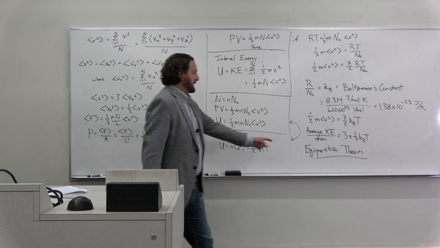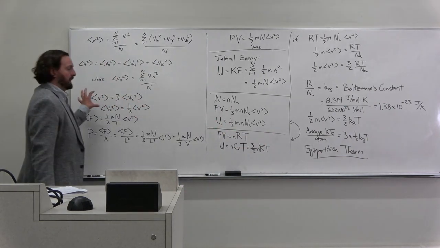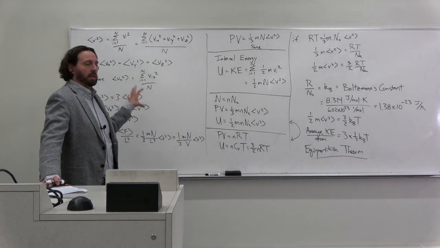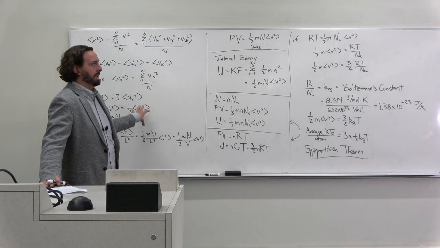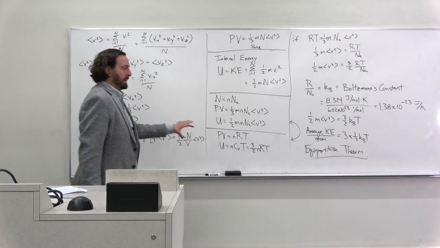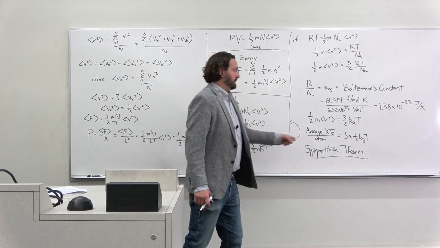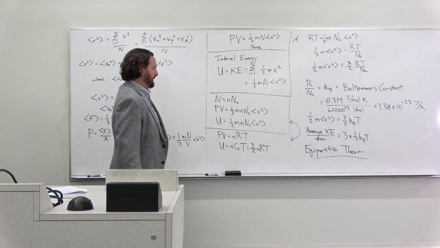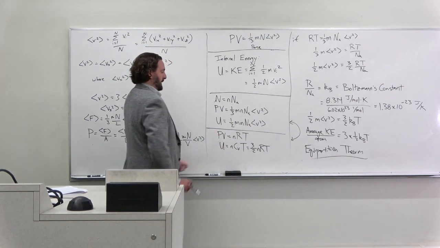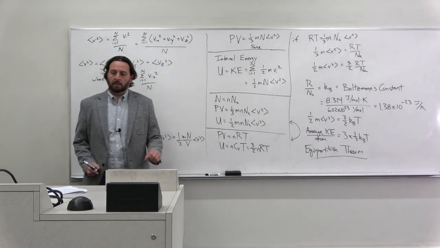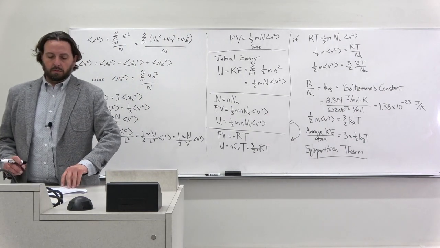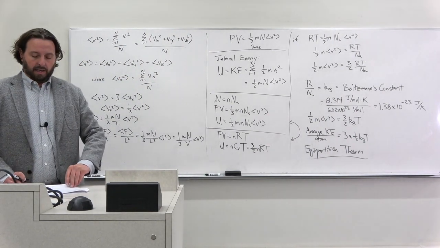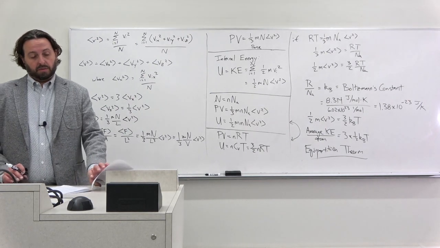So if we just start with the idea of the momentum transfer and kinetic energy of a single atom and invoke our equipartition theorem, we can derive the ideal gas law and the internal energy of an ideal gas from first principles.